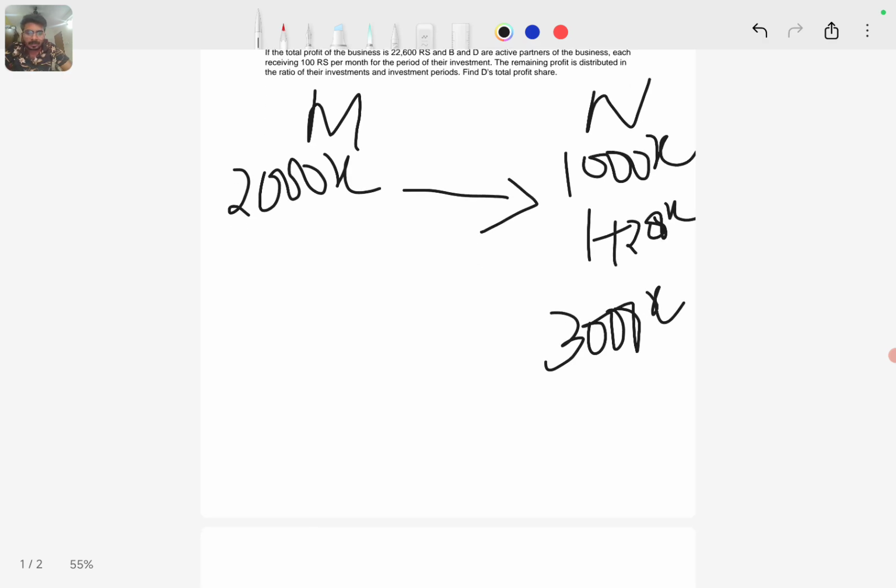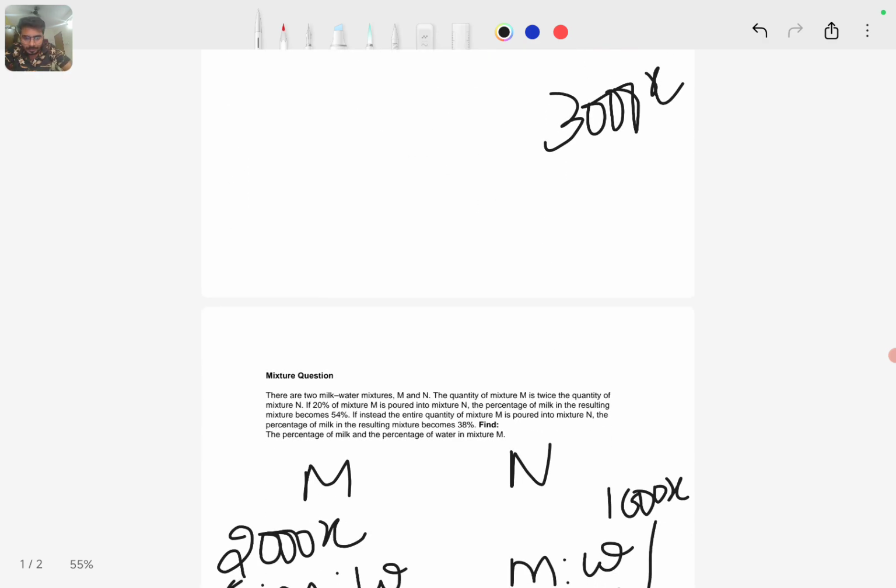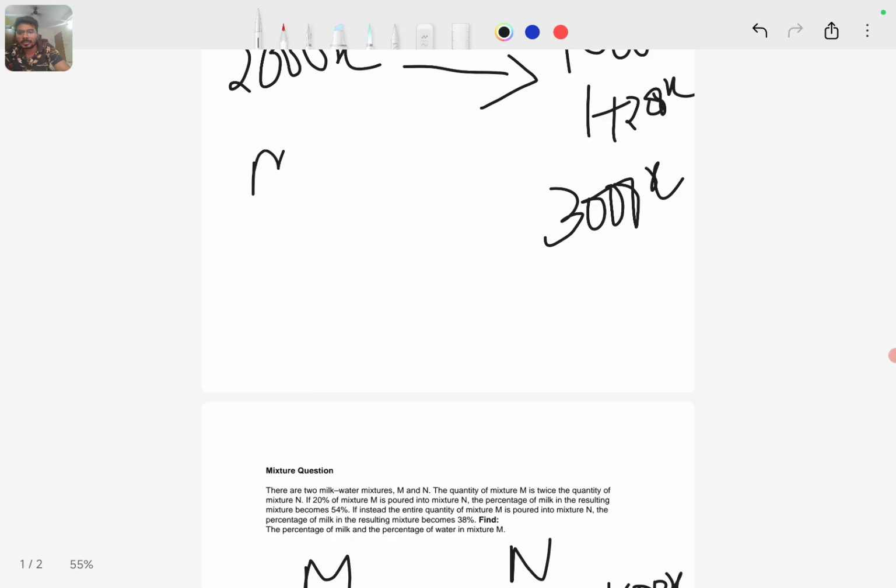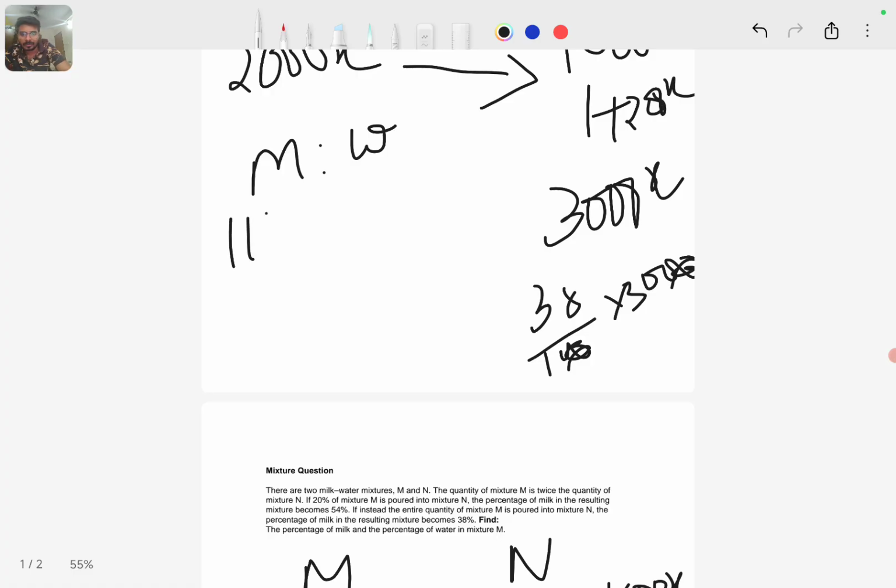Now the percentage of milk in the resultant mixture becomes 38%. So milk, water. 38% means 38 by 100 into 3000. So the 100 cancels. 38 into 3, 90, 24, 114. 1140x.